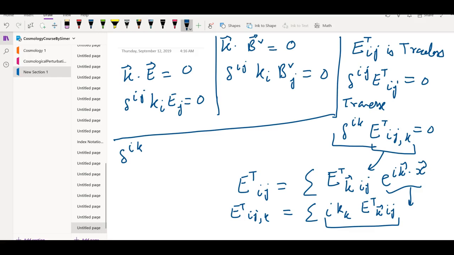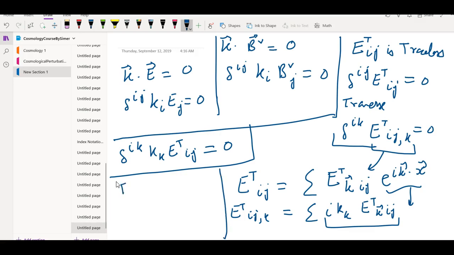So we have delta_ik k_k E^T_ij, dropping the subscript k, is equal to 0. So we have written all the constraints in Fourier space using index notation.